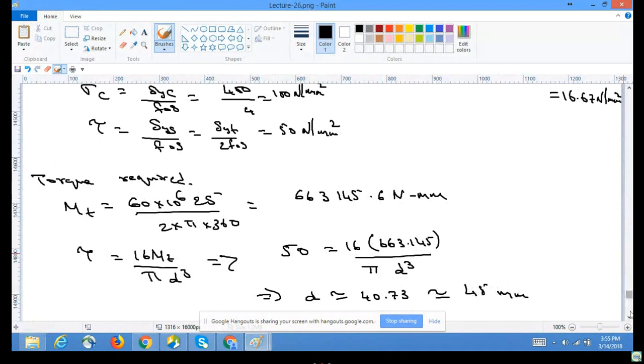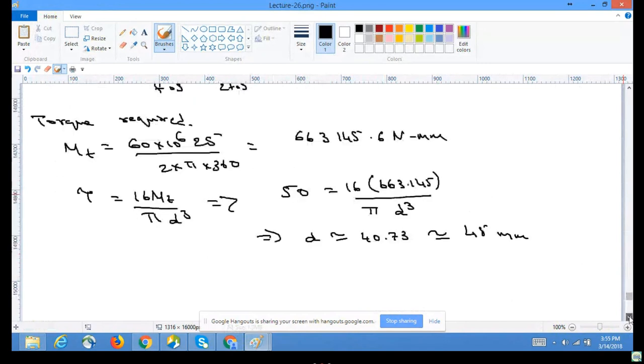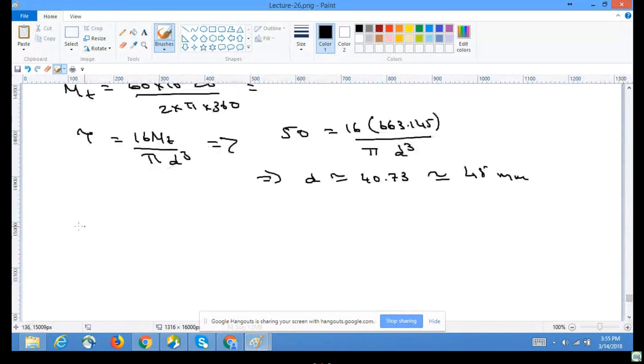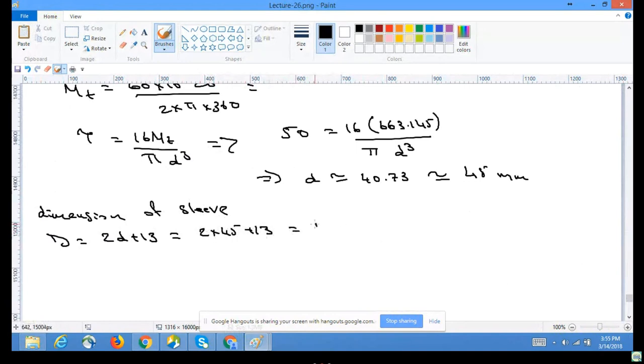So with this as the diameter, next is the dimension of the sleeve. So capital D is equals to 2 times d plus 13, that is given as 2 into 45 plus 13 gives us 103, so approximated to 105 mm.